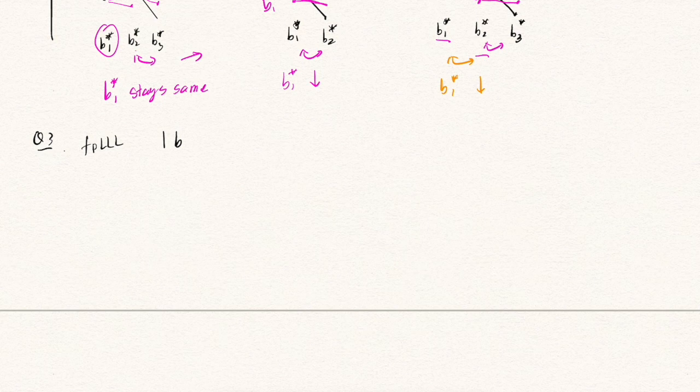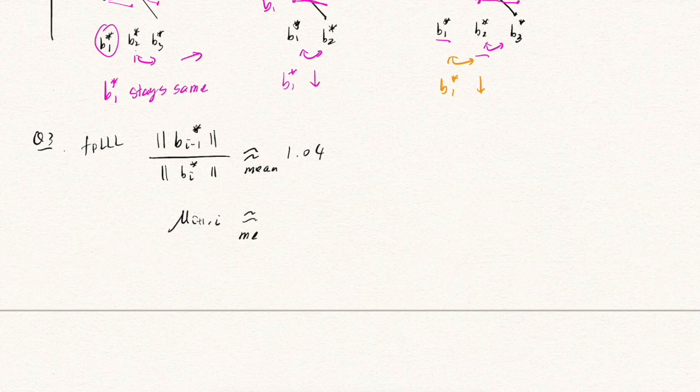The mean value of the ratio of consecutive GSO vectors is roughly 1.04, and the mean value of the off-diagonal GSO coefficients is 0.38. How do I interpret this?